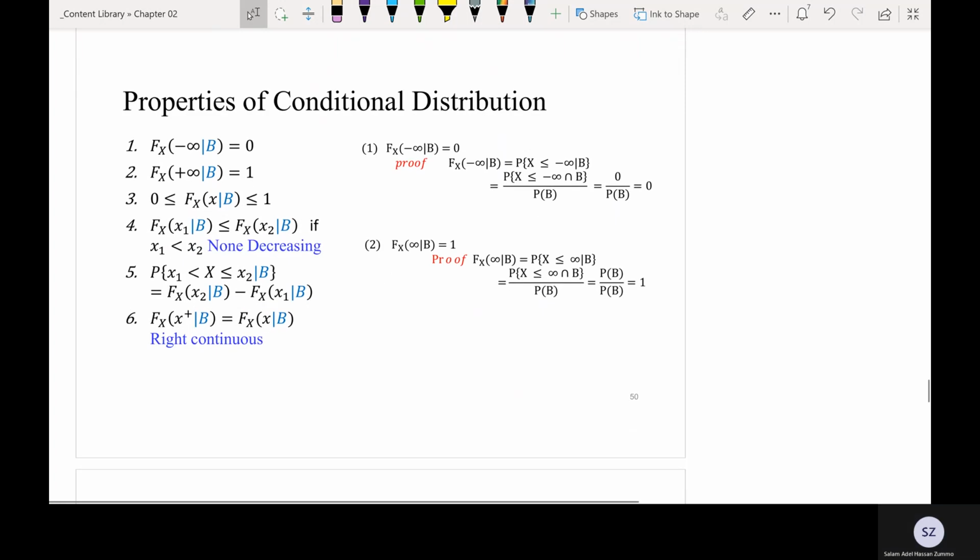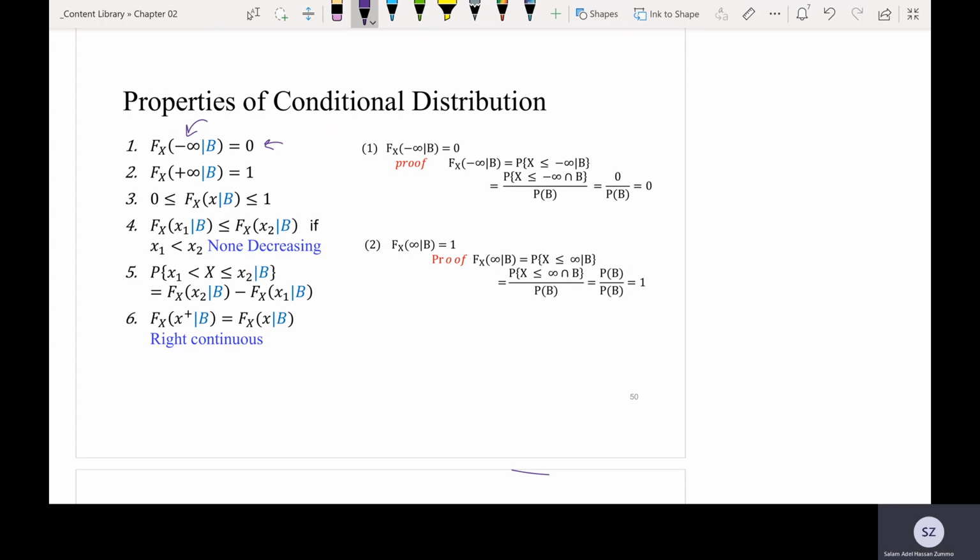Of course, the conditional CDF is a CDF. What is the property that we talk about for a CDF? At minus infinity it's 0, because this is the probability that x is less than minus infinity, which is impossible.